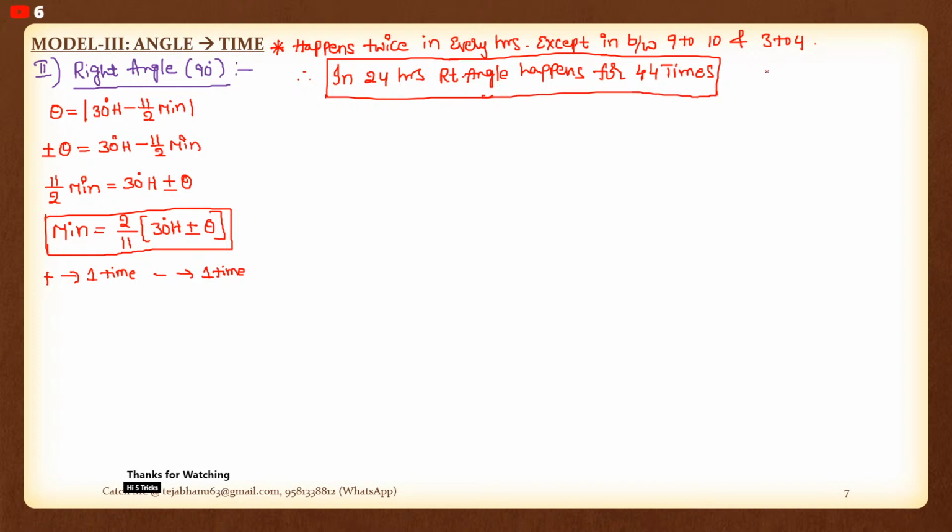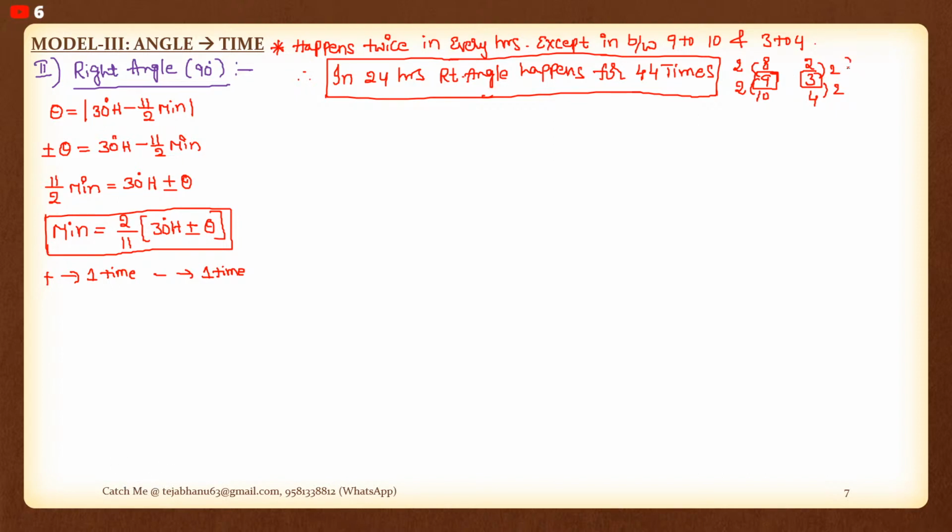Now, if you see 8 to 9 and 9 to 10, 2 hours of time. For this hour, 2 right angles have to happen, and for this hour, 2 right angles have to happen. But here, one thing we have to understand: 9 is common between these two. Like that, 2 to 3 has 2 right angles and 3 to 4 has 2 right angles, but 3 is common between these two.